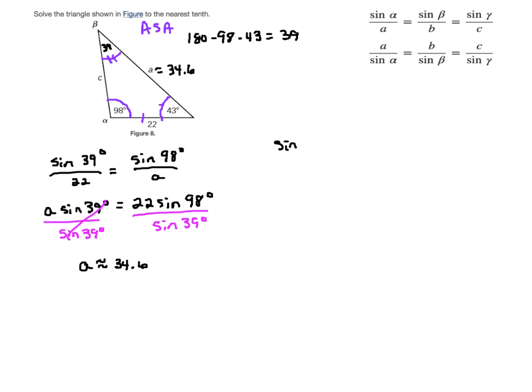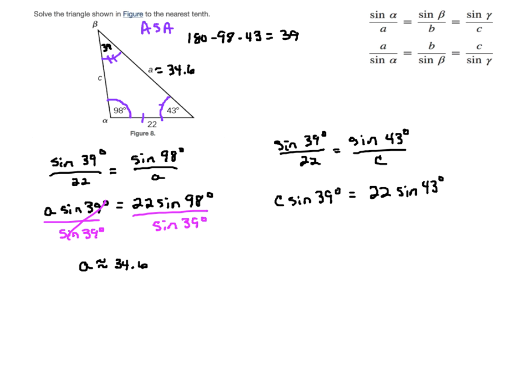So the sine of 39 degrees divided by 22 has to be equal to the sine of 43 degrees divided by side C. I cross multiply. C times the sine of 39 degrees equals 22 times the sine of 43 degrees.